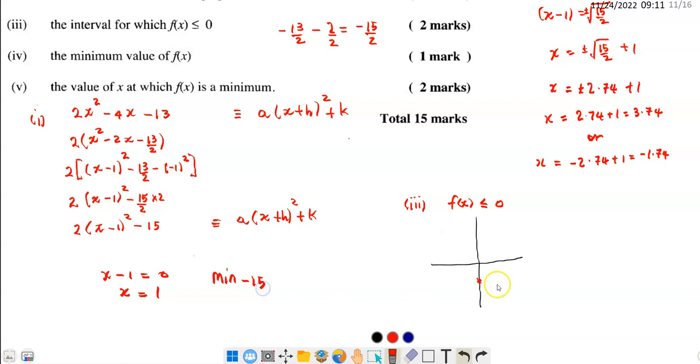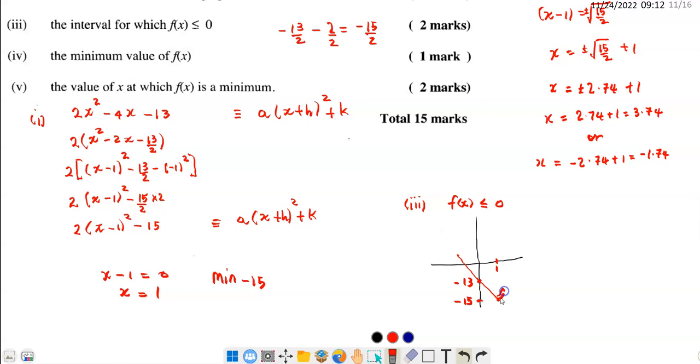That's the lowest point on the curve. We know that the axis of symmetry is 1, and we know our minimum value. So if that's -13 there, -15 would be somewhere down here. So the lowest point on the graph is -15, and that's the minimum. So we can sketch our graph now. So we would have our curve looking like that.